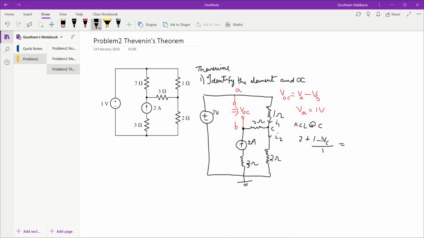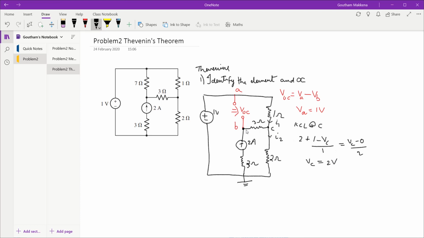And what are the leaving currents? The leaving current is nothing but VC minus 0 by 2. So this is one equation and one unknown, and if I solve it after a few minutes of algebra, I am sure you can find VC to be equal to 2 volts.